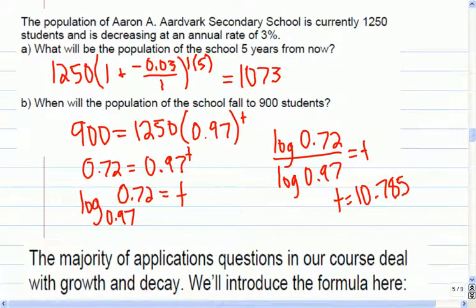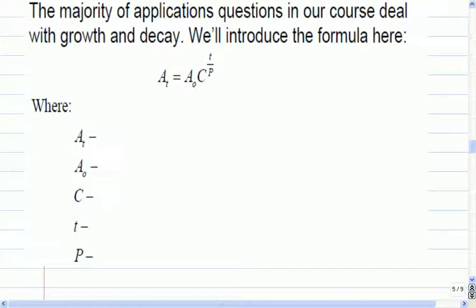Okay, so other than compounding interest, this is the formula that's used probably most often. And the way this works, these things are the same. This is the amount at a given time, and the initial amount. And we said this was the initial amount.